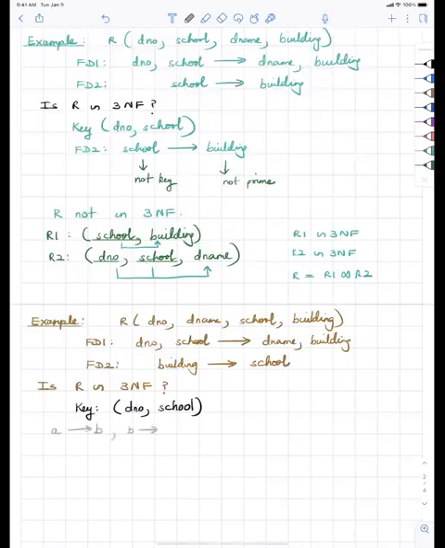So if you go to FD2, it says that building determines school.